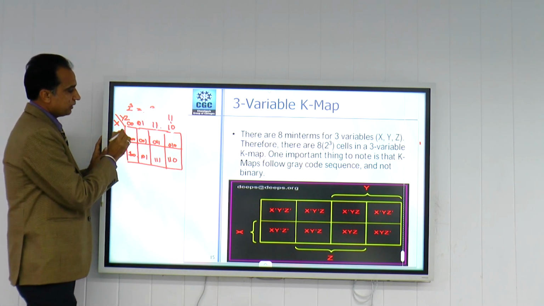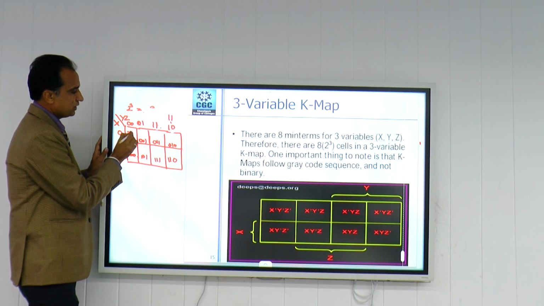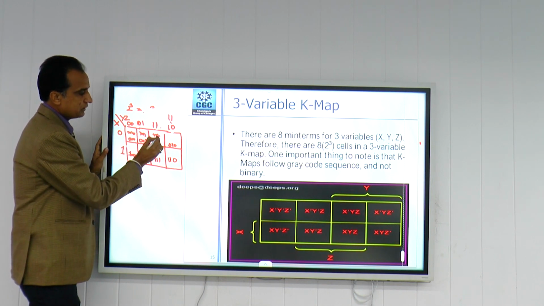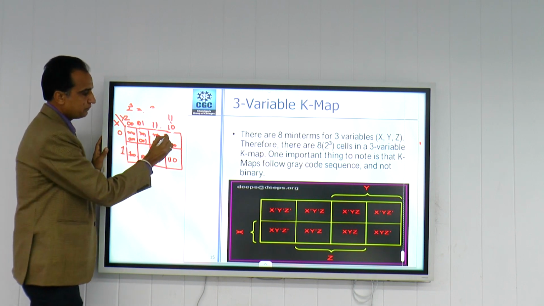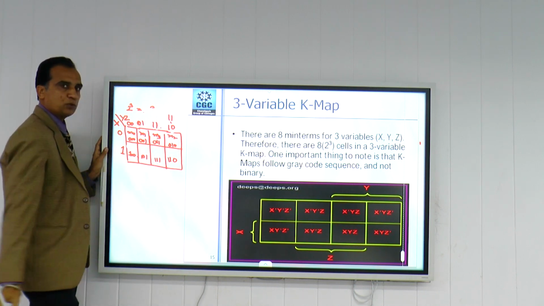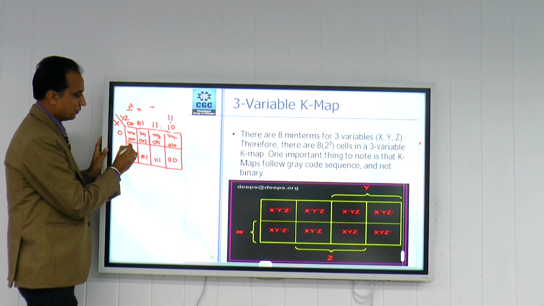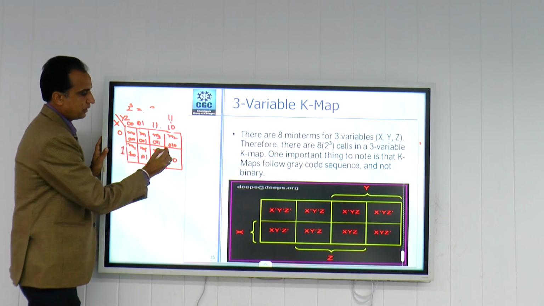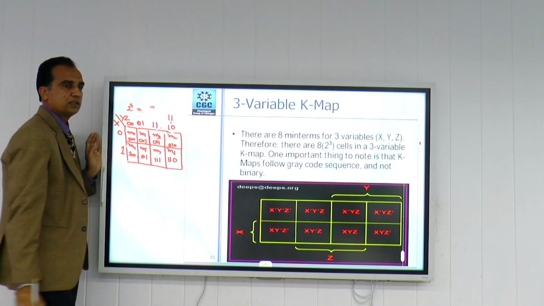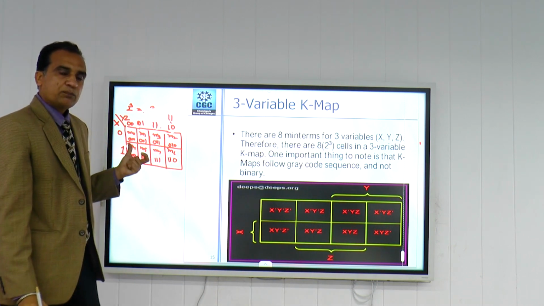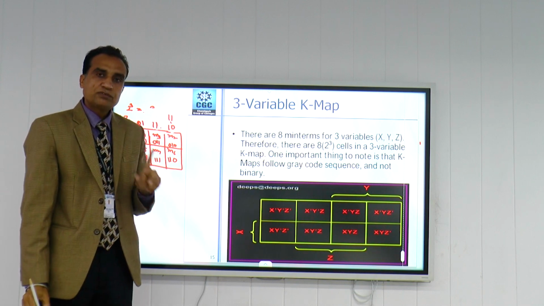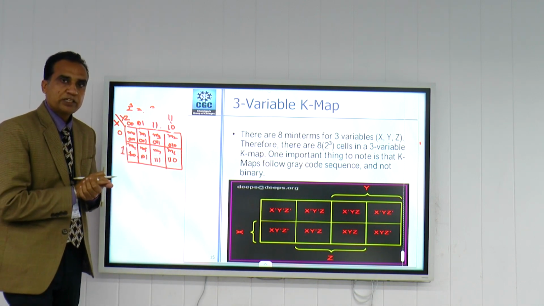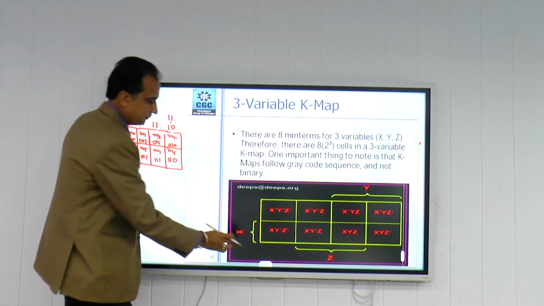If I write in terms of minterms, this is m0, m1, and the decimal equivalent of this is 3, so m3, m2, m4, m5, m7, and m6. This is the example of the K-map in the case of three variables. This is the way we represent the minterms in the case of three variables.